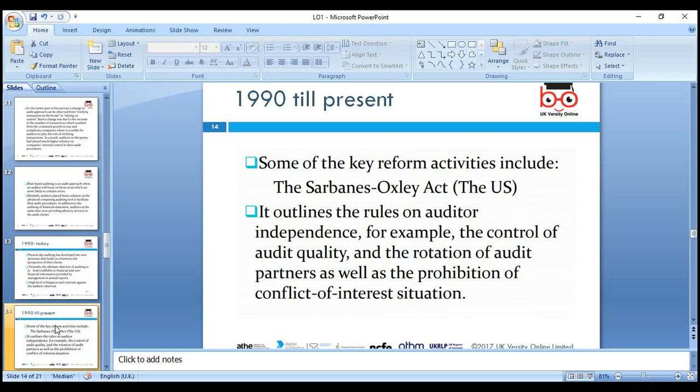The Sarbanes-Oxley Act in the US gave reports which outlined the rules on the auditor's independence, for example, the control of audit quality, rotation of audit partner, as well as the prohibition of conflict of interest. So that's already also been informed. Any question there? No, I'm fine, sir.